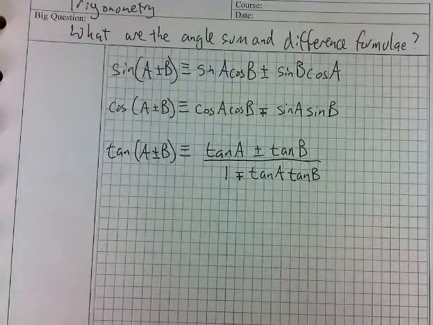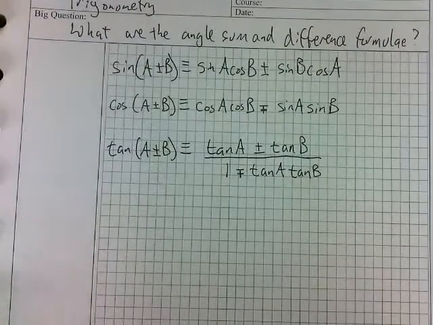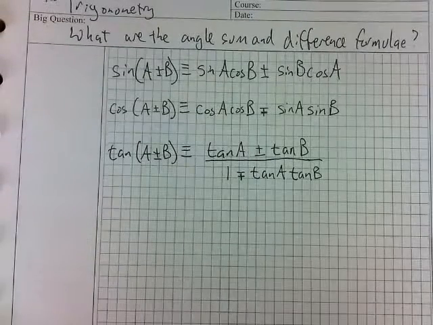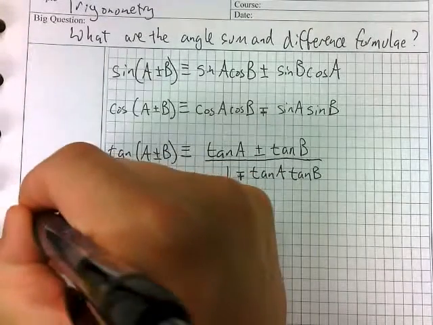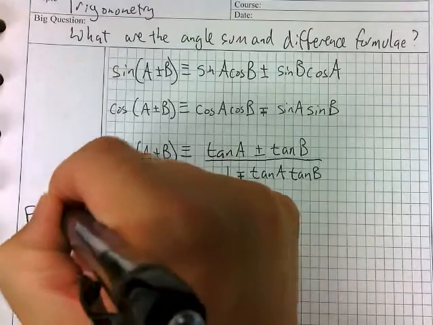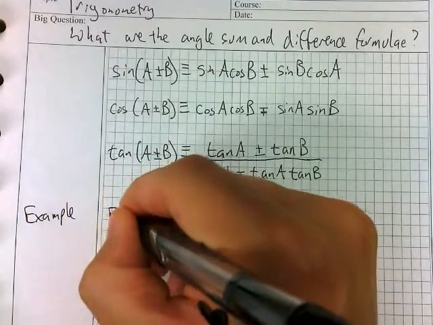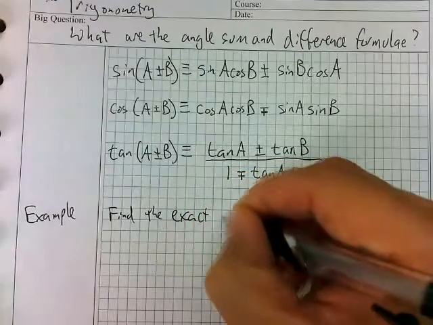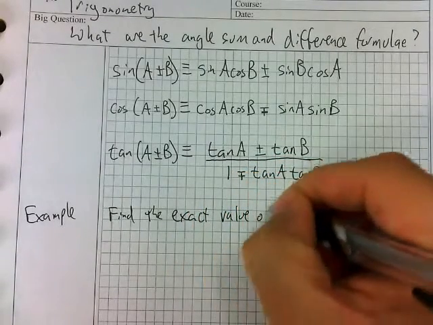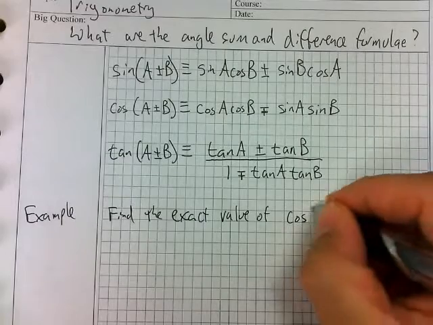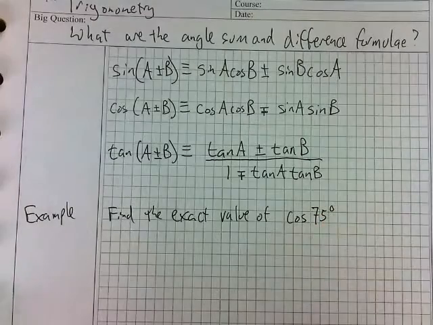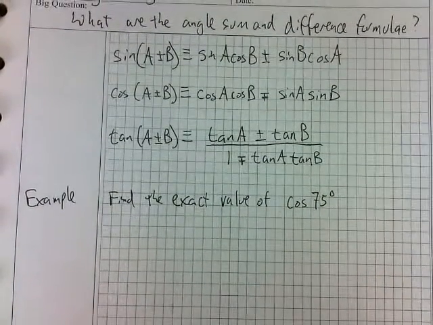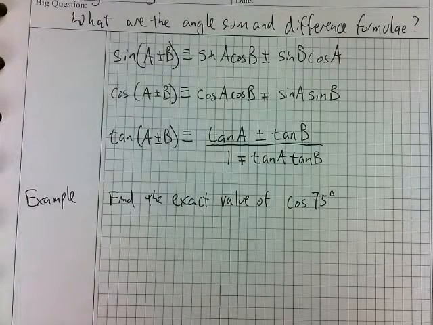Okay, so let me do a couple of different examples just to show you why we might want to use this. Let's say that we were asked to find the exact value of cosine 75 degrees. Well, we don't have anything like that on our unit circle.